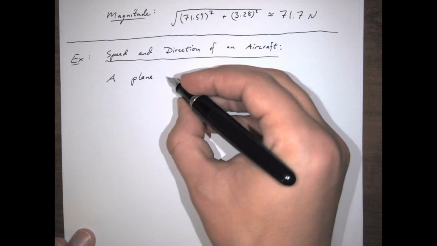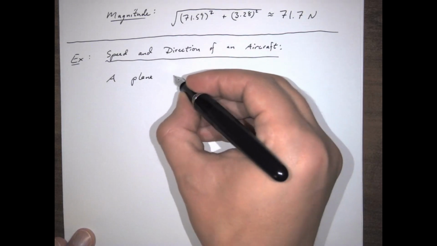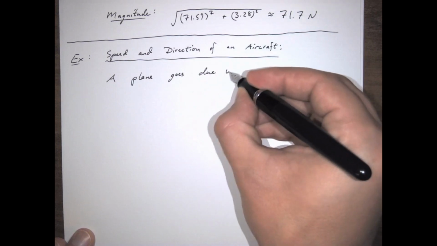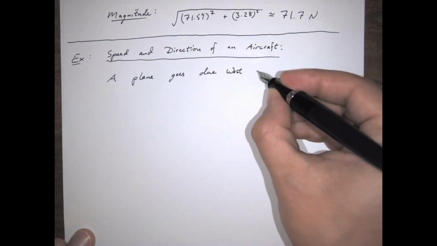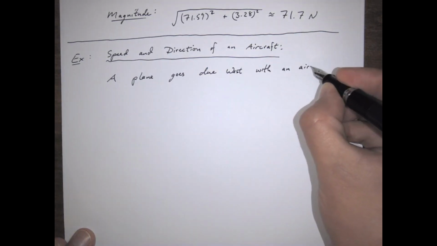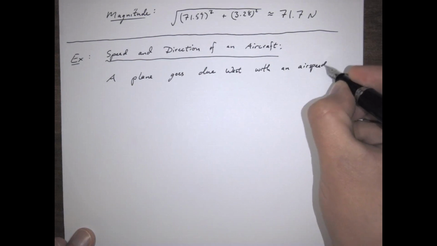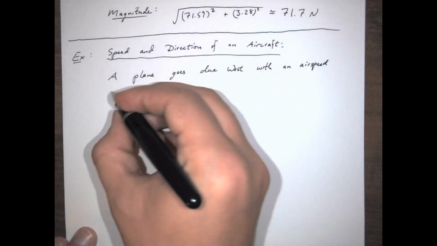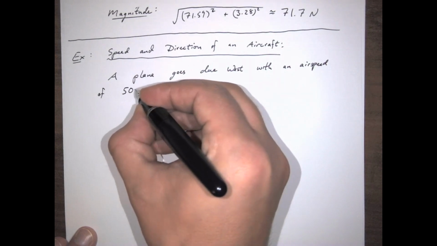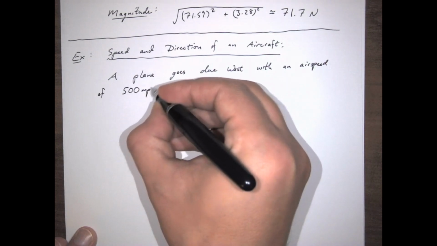A plane goes due west with an airspeed of 500 miles per hour.